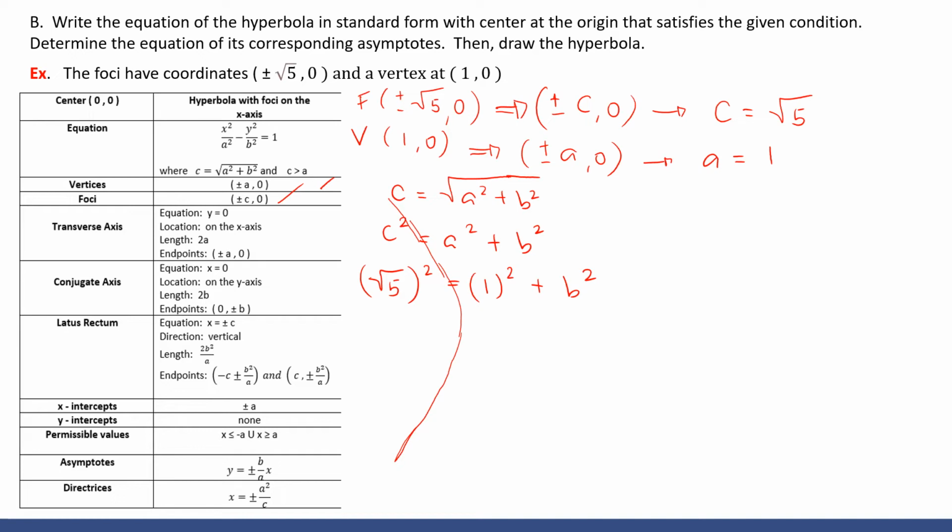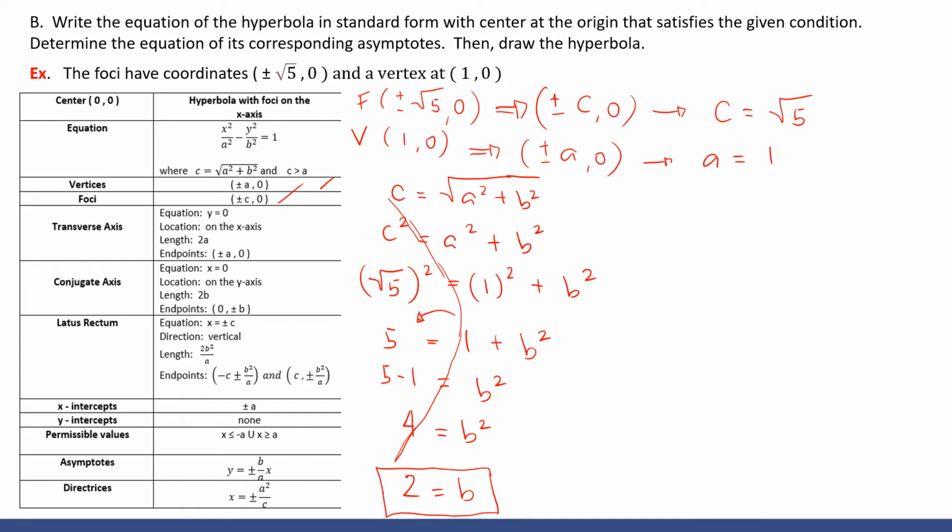Square root of 5 squared is 5, and 1 squared is 1, and then plus the unknown b squared. Transpose 1 dun sa kabilang side. So this will become 5 minus 1 equals b squared. And 5 minus 1 is 4, which of course is equivalent to b squared. Sa makatuwid, square root of 4 is 2, so the value of b is 2.